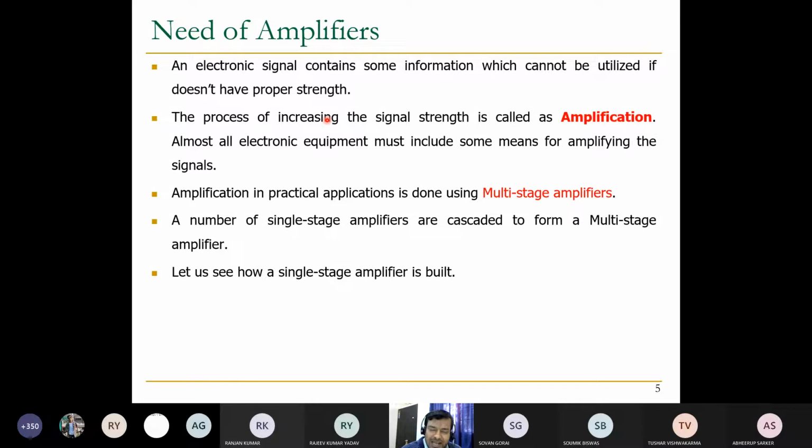Whatever signal we are receiving, its strength is very low, and it is very difficult to process it for real applications, because we have to increase the strength. To increase the signal strength, from weak to strong, amplification is required.